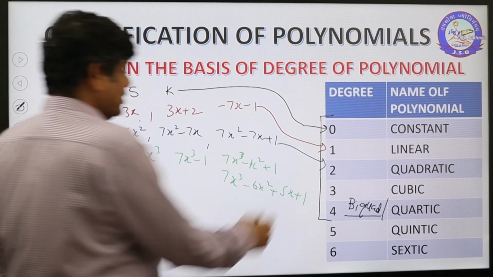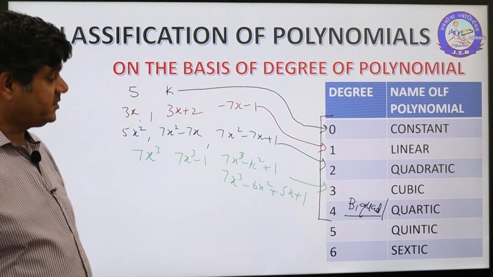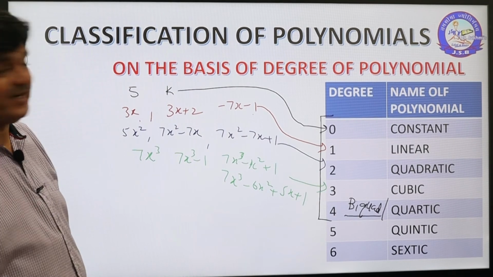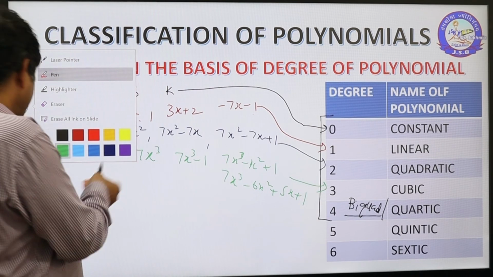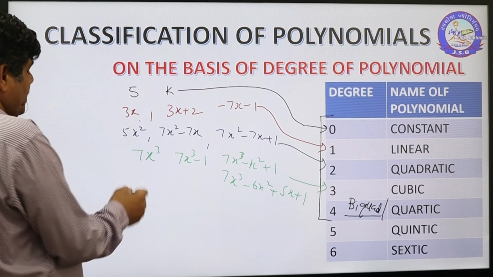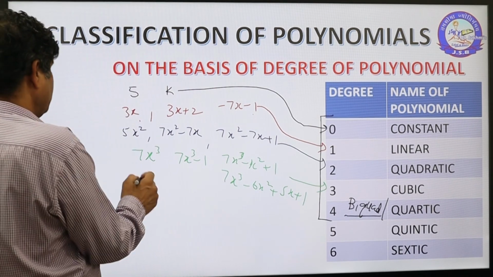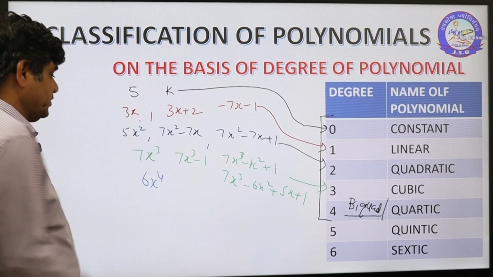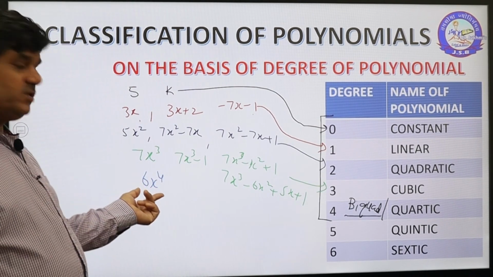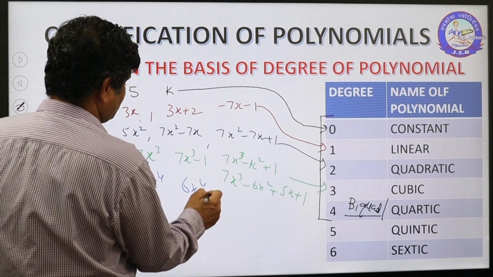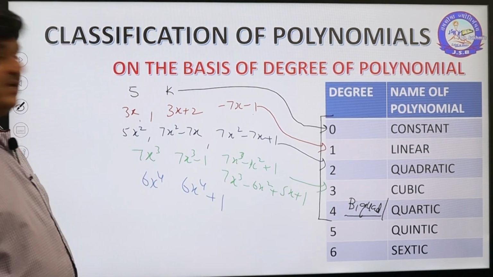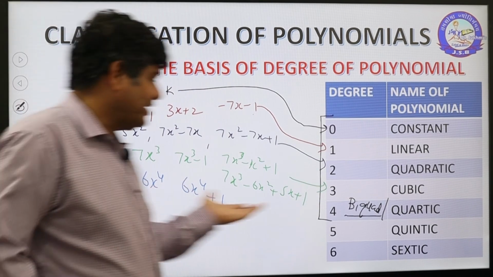So all these are cubic polynomials. If the degree is 4, it's a quartic or biquadratic polynomial. For example, if I say 6x to the power 4, its degree is 4, so it's a biquadratic or quartic monomial. Similarly, if I say 6x to the power 4 plus 1, it is a quartic binomial and like that.